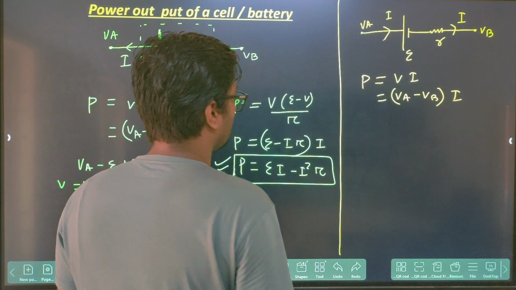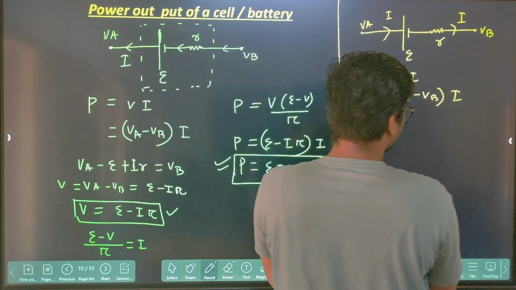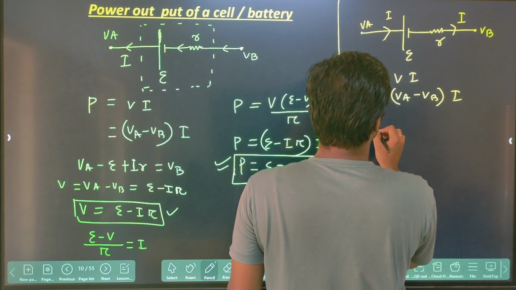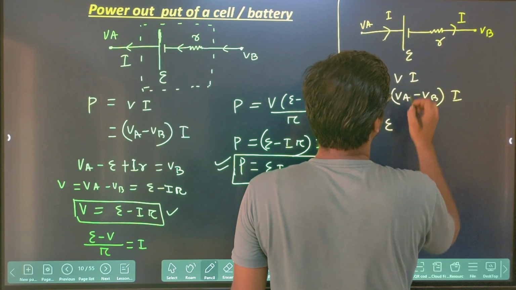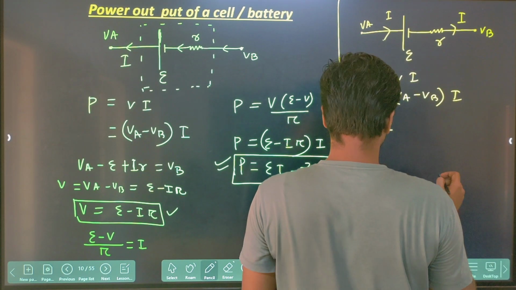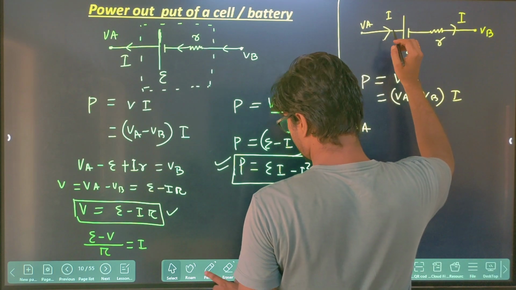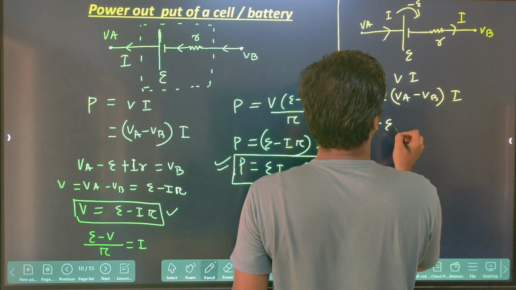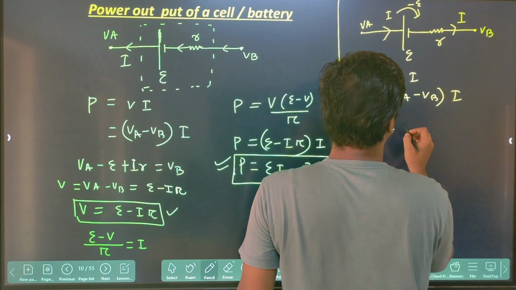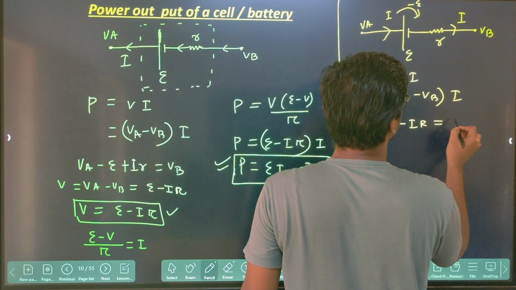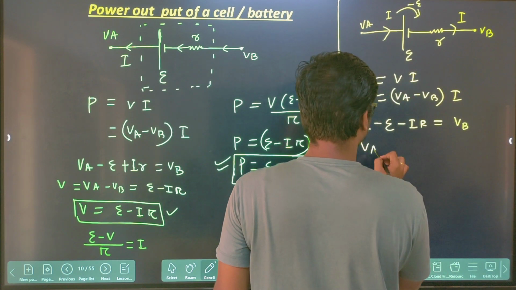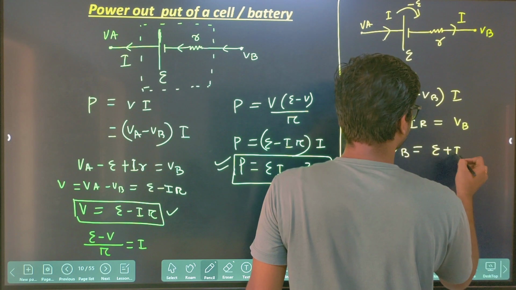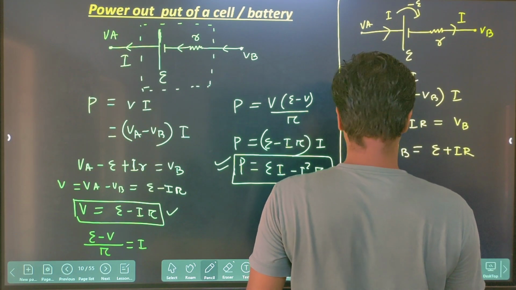Clear? Can you find out VA minus VB? So you will say that VA, sorry, VA minus E, here you are moving along this direction, right? This will be your minus E. So VA minus E, and you are moving along this direction, minus IR is equal to your VB. So VA minus VB is equal to E plus IR, right?